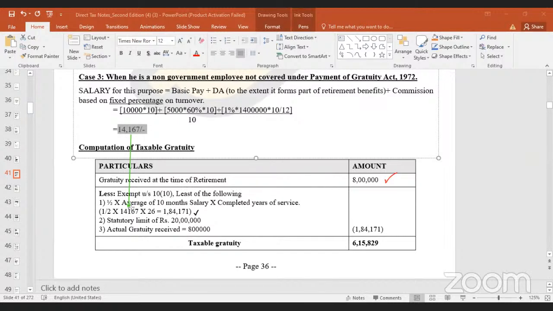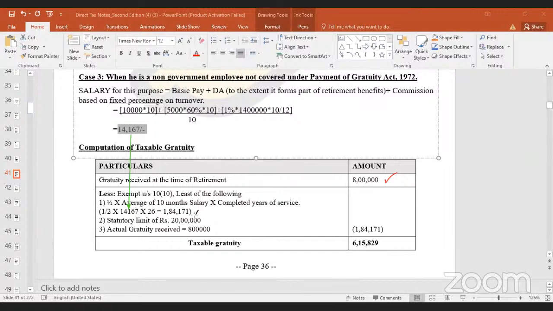Completed years of service is 26 years. The fraction of number of months is going to be completely ignored. 1 by 2 into 14,167 into 26, it's going to be 1,84,171. And the statutory limit is 20 lakhs.